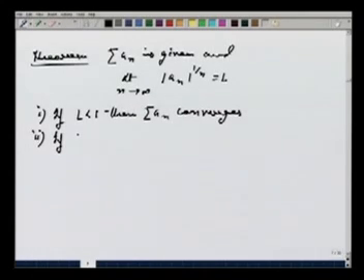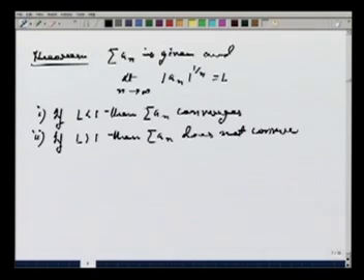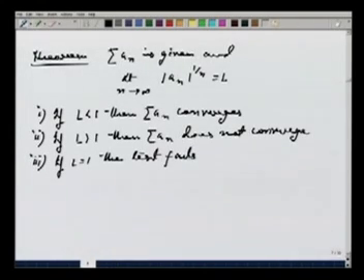If L is bigger than 1, then the series does not converge. And the third is like the ratio test. If L equals 1, the test fails. That is, no conclusion can be drawn.